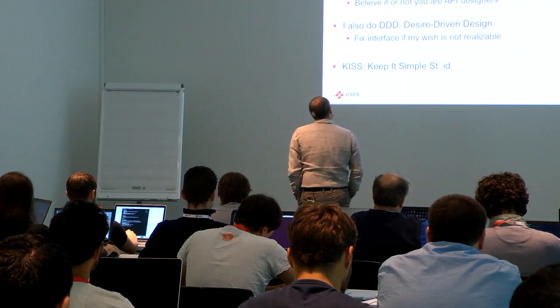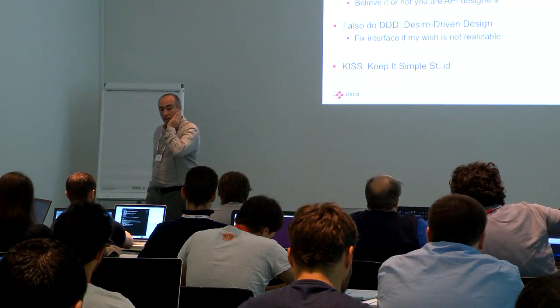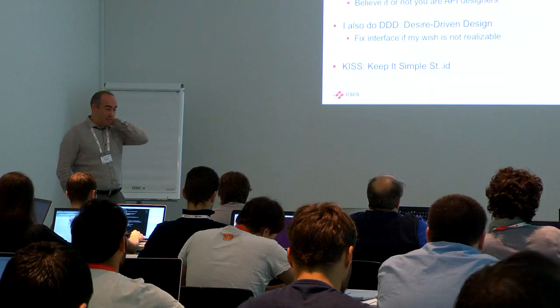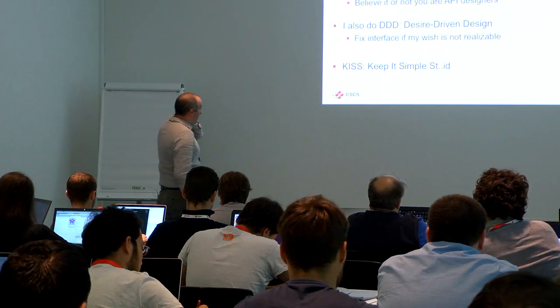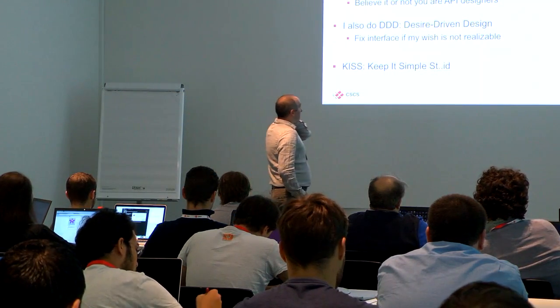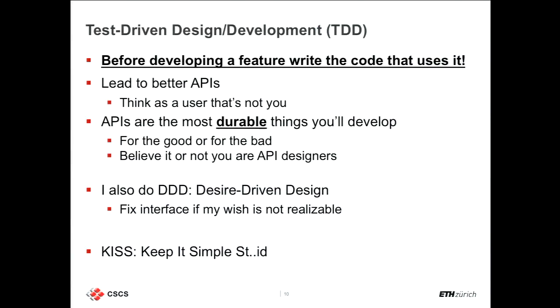Test-driven design, or development instead, is a different approach, a different philosophy. Basically, before you develop a feature, a function, a class, or anything, you write the code that uses it. Instead of writing the class, you write the code that uses the class. Instead of writing the function, you write the code that uses the function.